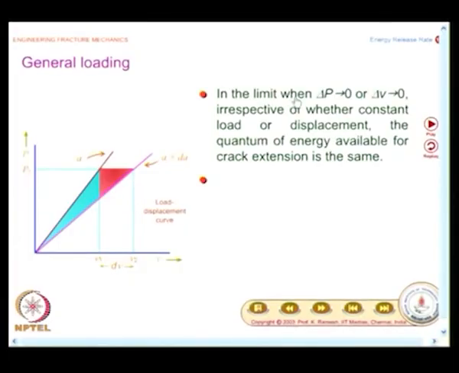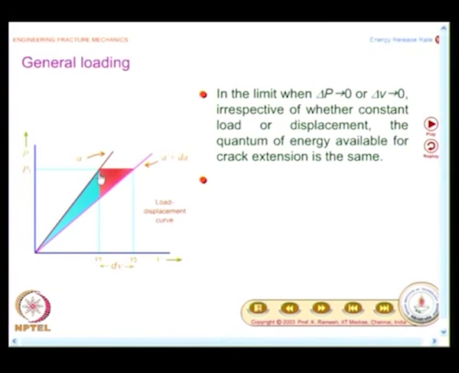In the limit, what we want, delta P tends to 0 or delta V tends to 0, irrespective of whether constant load or displacement, the quantum of energy available for crack extension is the same from a mathematics point of view. What will happen? You will find dV is small, dP is tending to 0 and dA is also tending to 0.